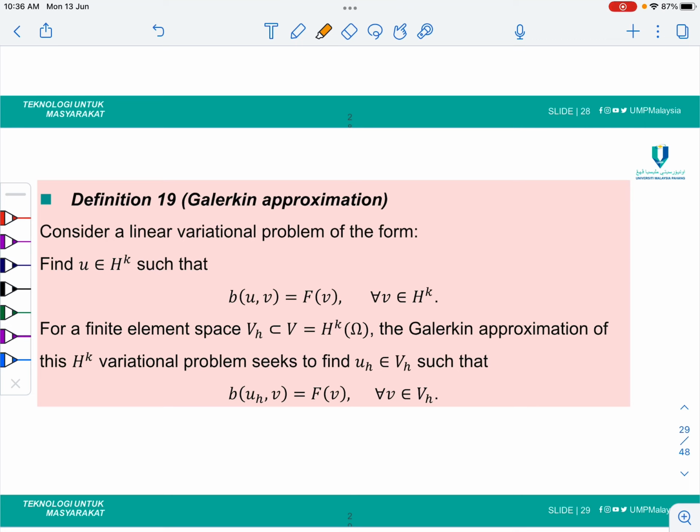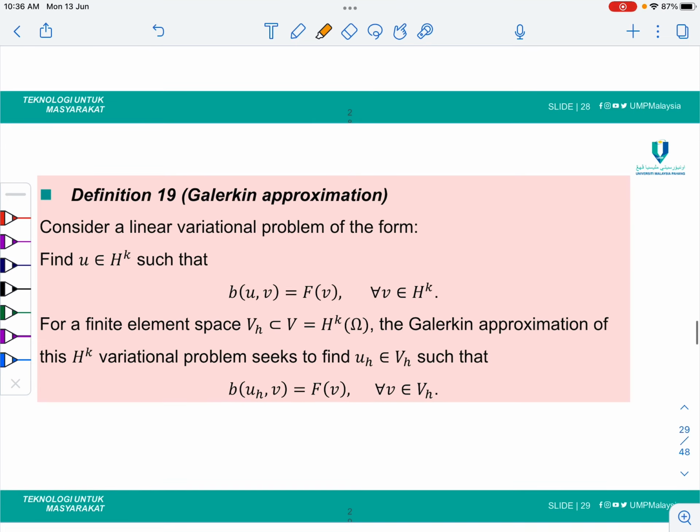For a finite element space V_h contained in a subset V, which is equal to the H^k space, the Galerkin approximation of this H^k variational problem seeks to find u_h in V_h such that b(u_h,v) equals f(v) for every test function v in V_h. Now V_h is the finite element space, u_h is the finite element solution.